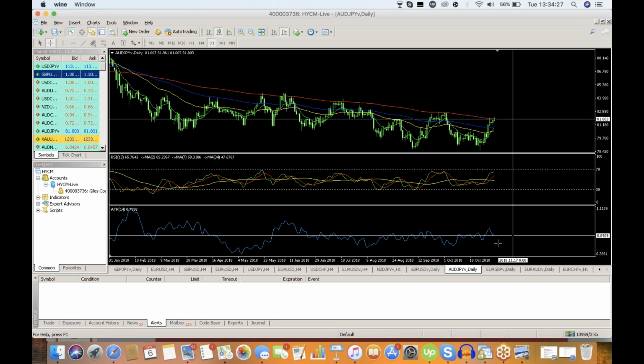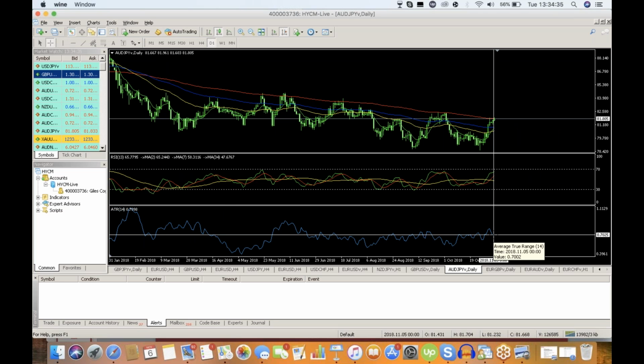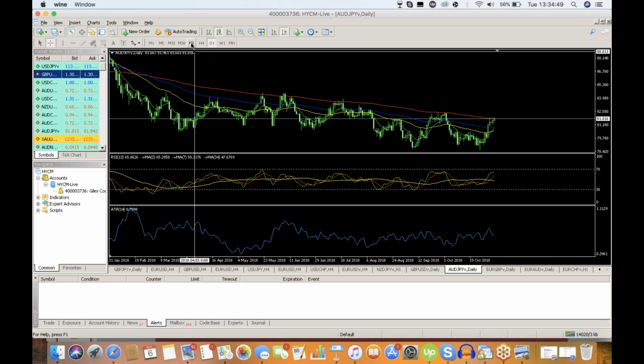Well, here you go. The daily true range is 69 points. That means for an intraday trade, you would want to use somewhere between 25% and 50% of the average true range. So if it was 70, 50% is 35, so somewhere between a 25 and 35 point stop.